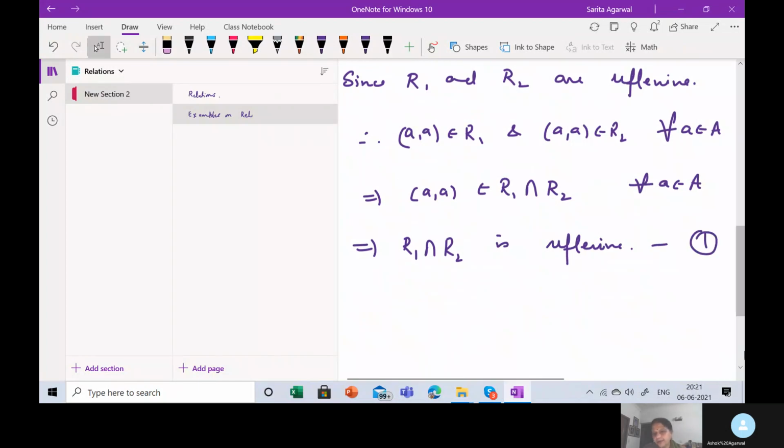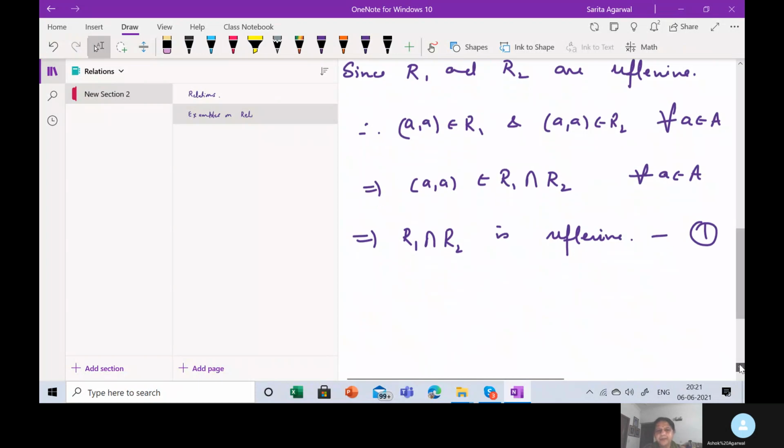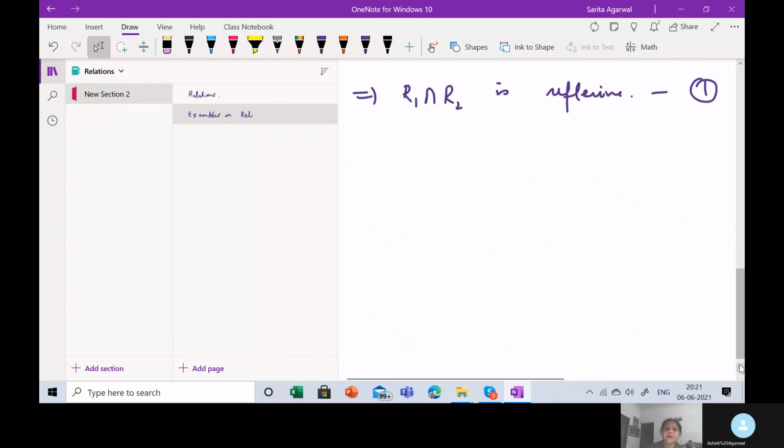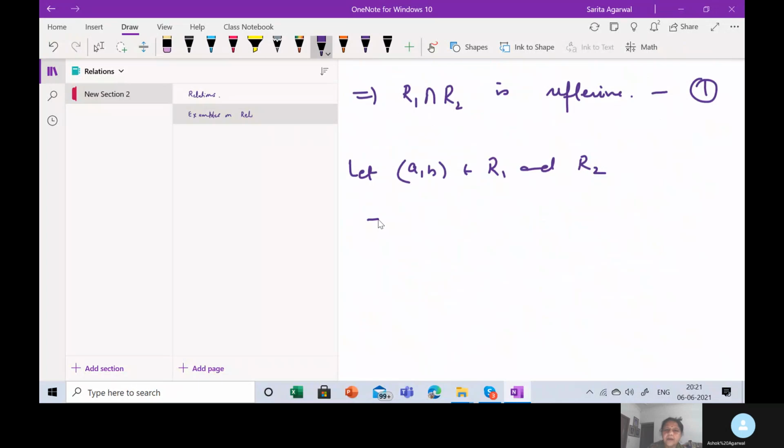Now we are going to prove that this is symmetric. Let (a, b) belong to R1 intersection R2. That means (a, b) belongs to R1 and (a, b) belongs to R2.